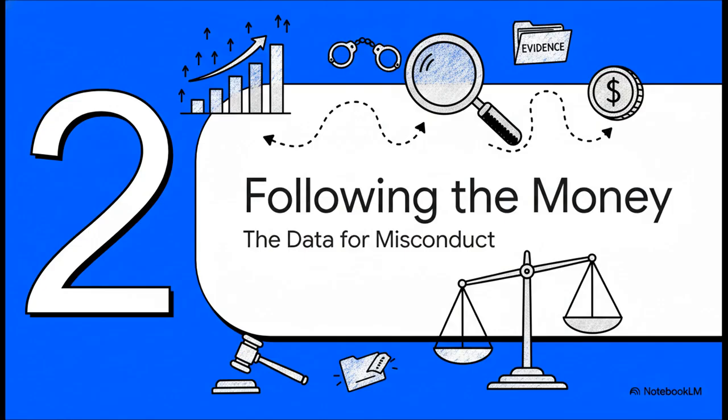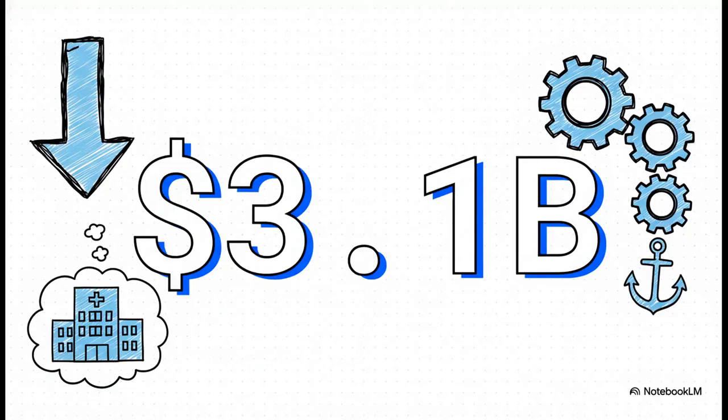case against the government. So at the very heart of this indictment is one big, striking number, $3.1 billion. Now, this isn't just a figure they pulled out of thin air. According to Ontario's Independent Financial Accountability Office, this is how much the government allegedly underspent in the healthcare sector. This one number, it's really the anchor for their entire financial argument.